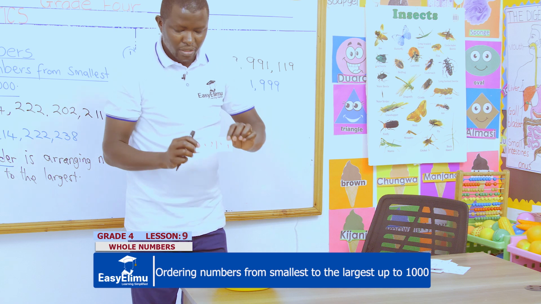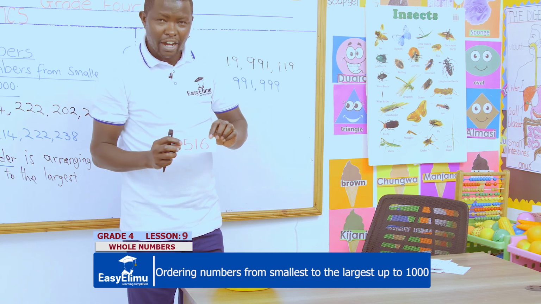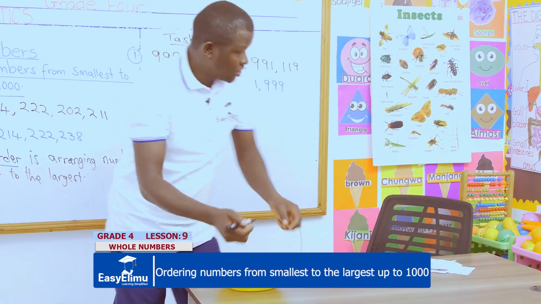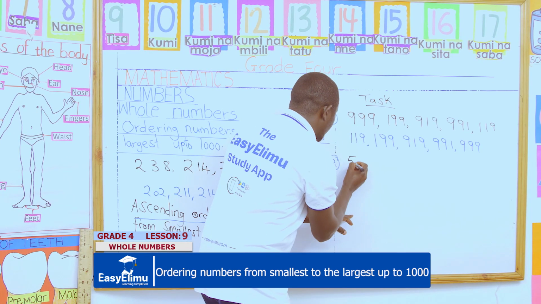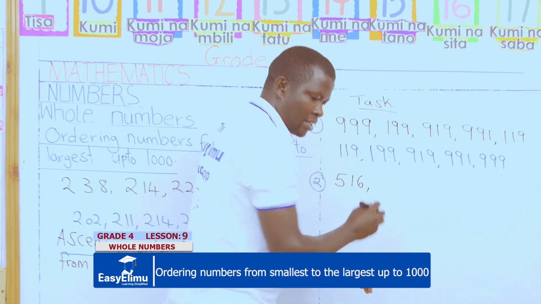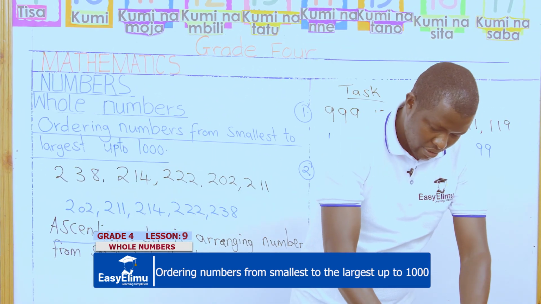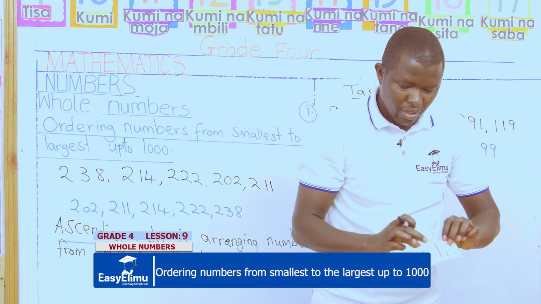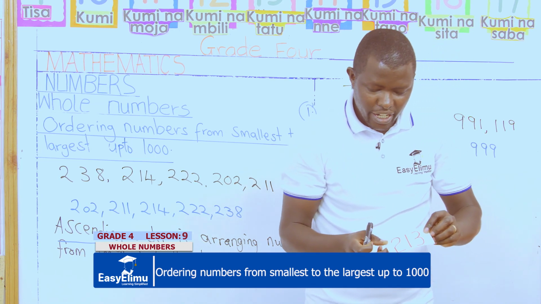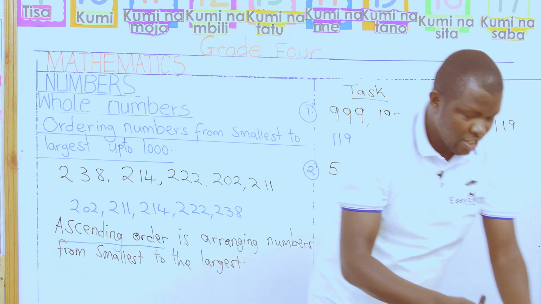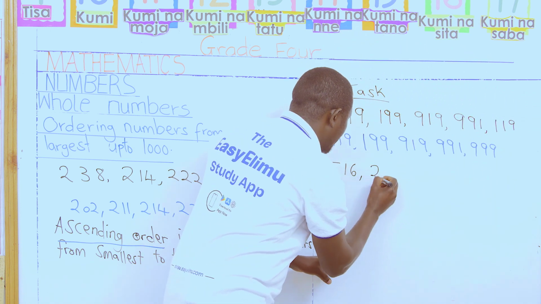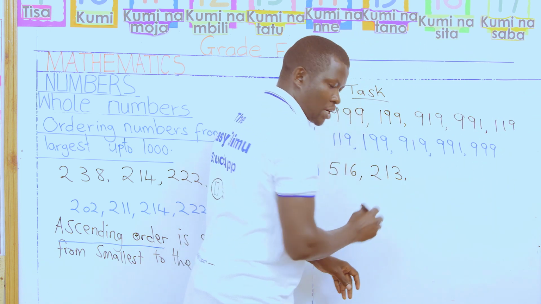The first number is 516. So the first number you've picked is 516. The second number is 213. 213 becomes the second number.